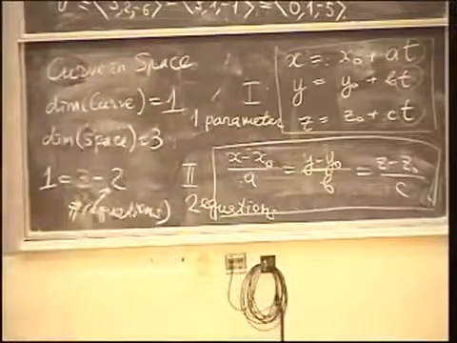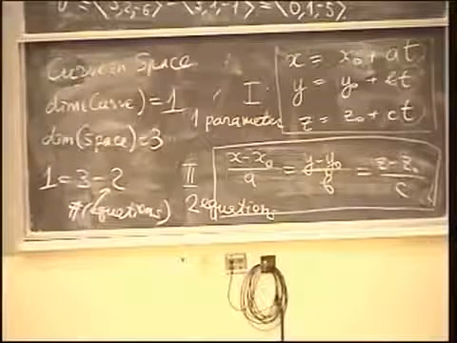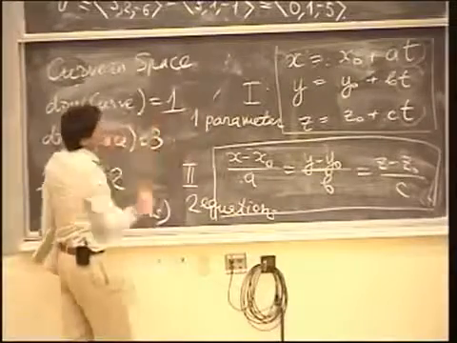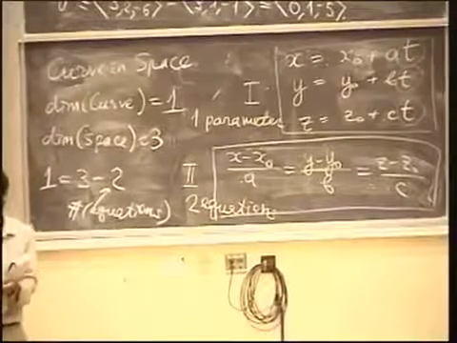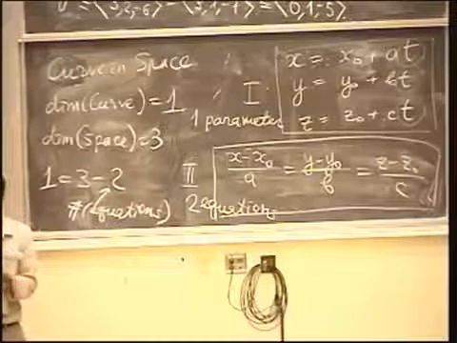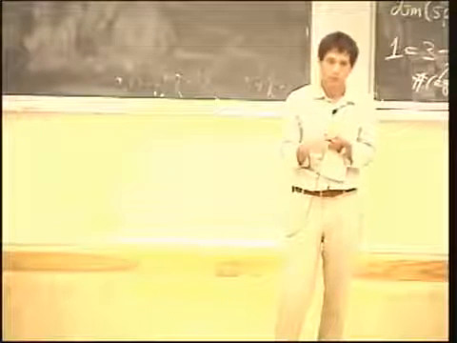Before I get to planes, I just want to mention one thing, which is that you can be asked various questions about lines. Once you learn how to represent them, you can be asked about relative positions of lines. And what can happen with lines is that lines can intersect or not. That's one possible question.